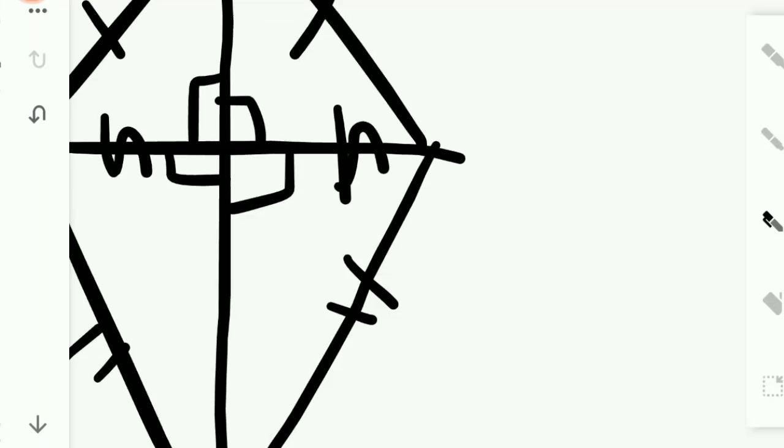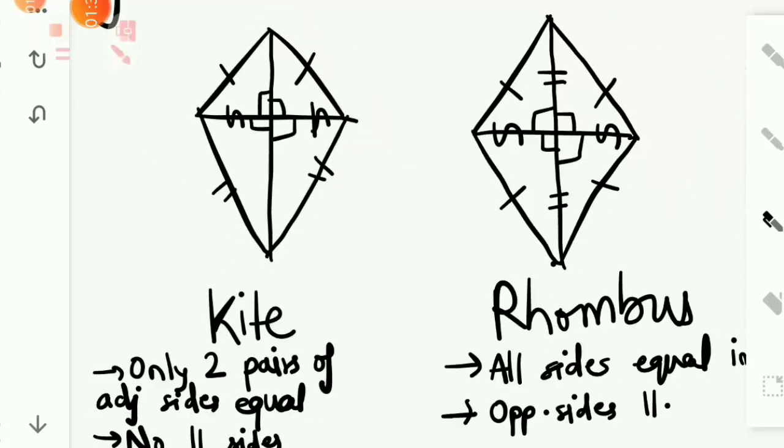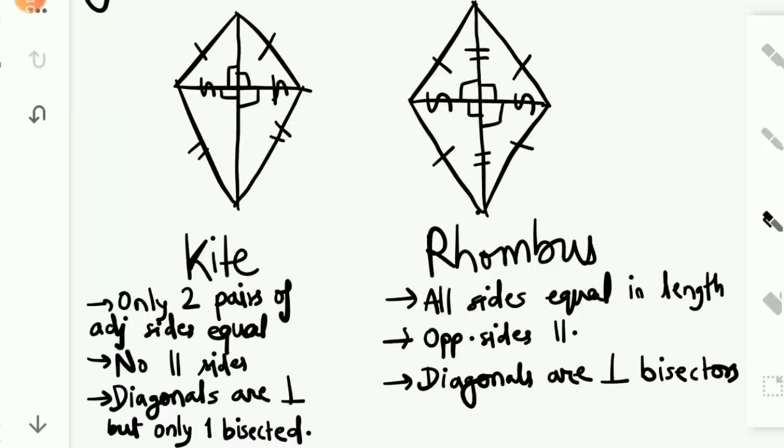That means only this part of the diagonal is equal to this. These two are not equal. So the third property is diagonals are perpendicular bisectors in case of rhombus, but diagonals are perpendicular and only one is bisected for kite. I hope you understood the differences between kite and rhombus.